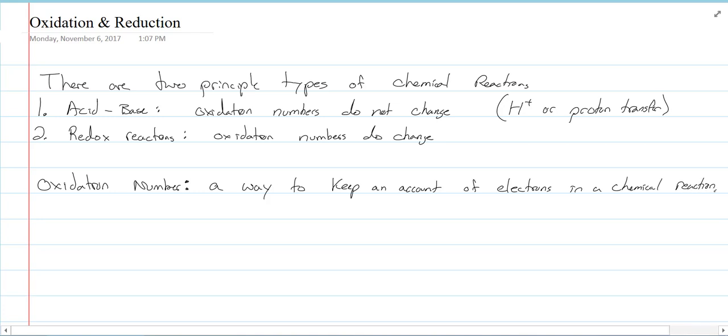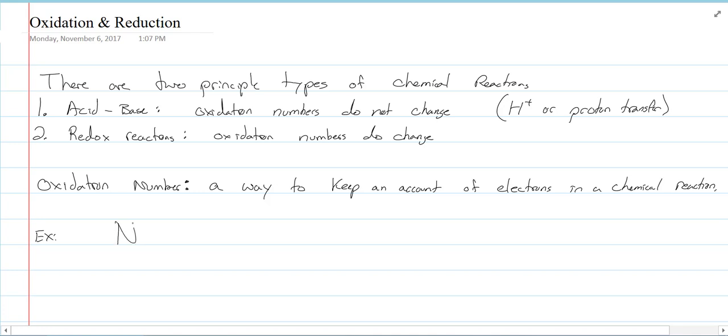Now, this is a good system to do so, but that doesn't necessarily mean that's what the atoms are doing. This is a system humans use to predict behavior for reactions. So let's do an example here.